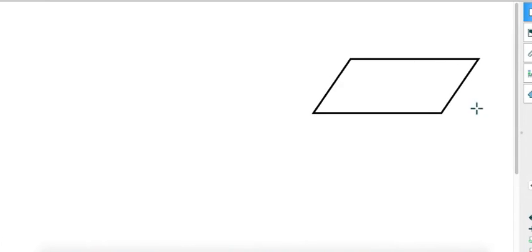All right, I'm going to make up a few more problems here for parallelograms now, since you have some stuff on parallelograms. Okay. So here's your parallelogram. Diagonals.